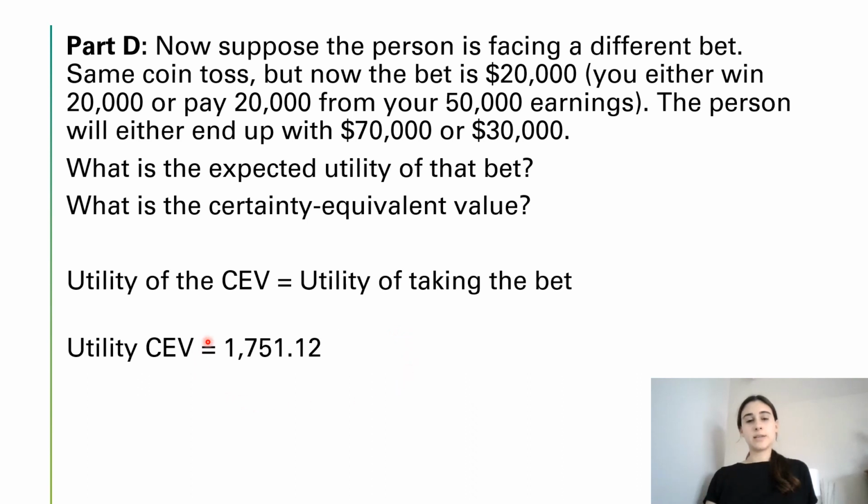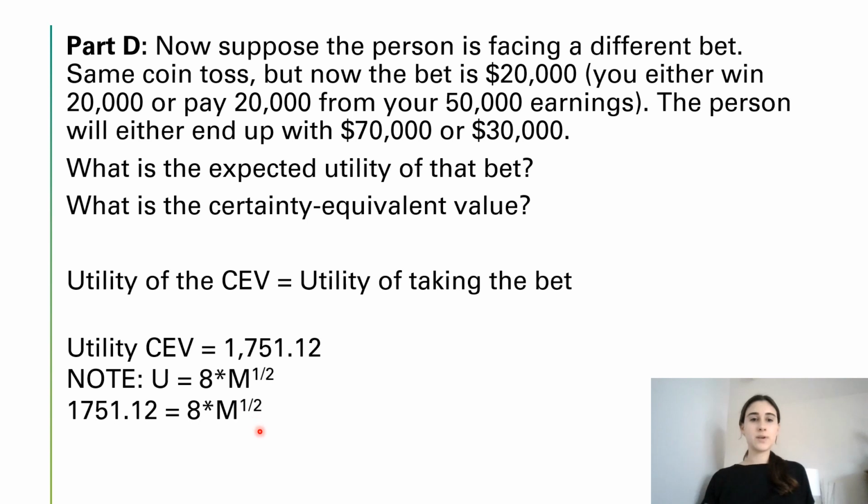So we know that the individual gets this many units of satisfaction when they take the bet, and we must convert that to a dollar amount. To do so, we will use this equation, which ties together utility and m, a dollar amount. So we substitute this value for utility and solve for m.